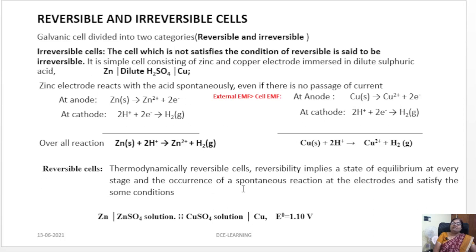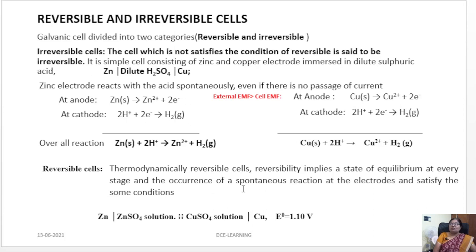The zinc electrode reacts with the acid spontaneously without any external source. If it is connected to an external source, at the anode the zinc gets oxidized to zinc ions, and the hydrogen from the acid accepts electrons to give hydrogen gas. If the external EMF is increased, the same reactions would be reversible in nature.